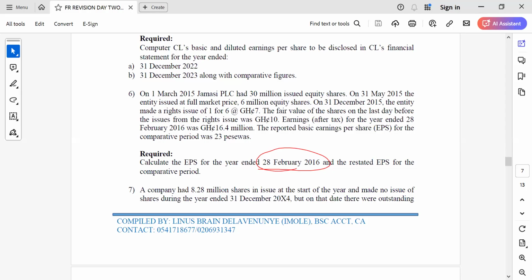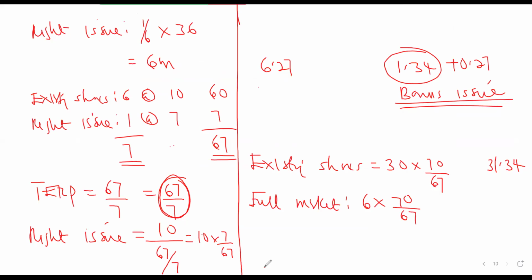So these shares together with the bonus issue will do 9 months. But the total shares that we are getting from the bonus issue is 6 million. 1.34 relates to a bonus issue on the existing shares, and 0.27 relates to the full market value, which is 6 million.